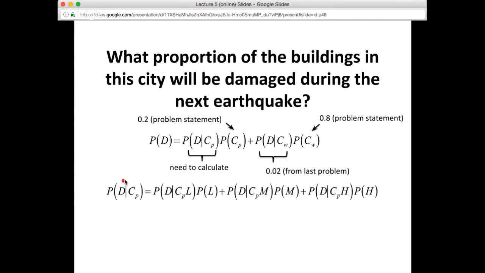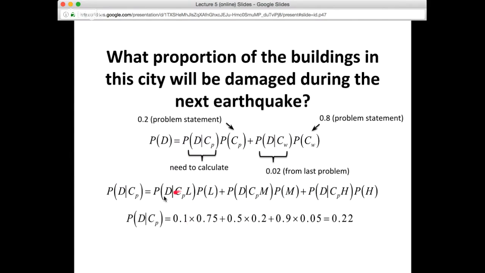And again, we invoke the theorem of total probability, because the probability that a poorly constructed building will be damaged during an earthquake is going to be the probability that it's damaged during a low intensity earthquake times the probability of the low intensity earthquake, and so forth for the medium and the high intensity earthquakes. And then we just plug and chug because we know all these numbers.